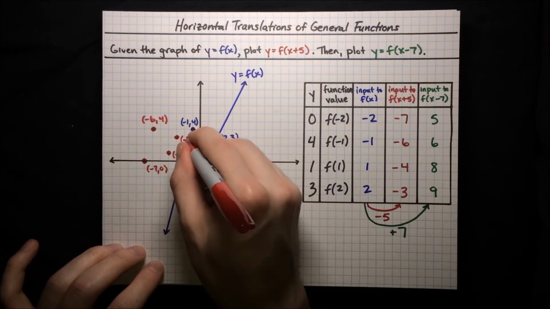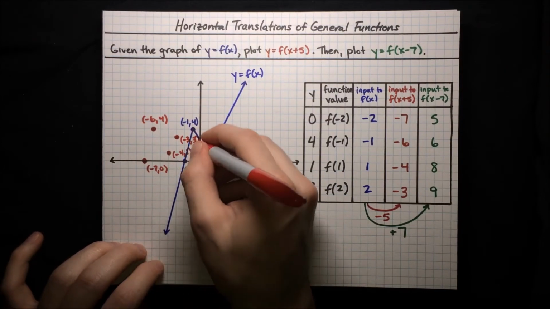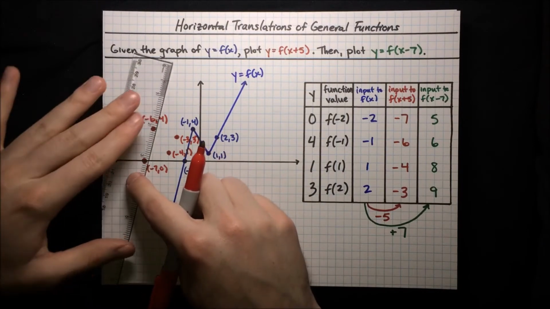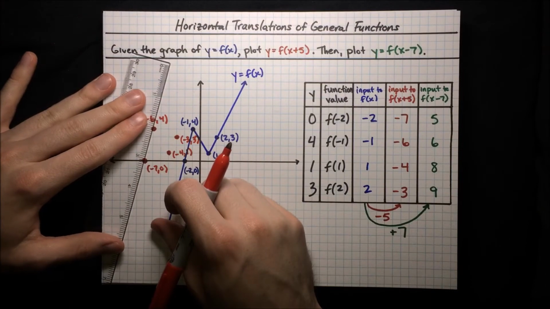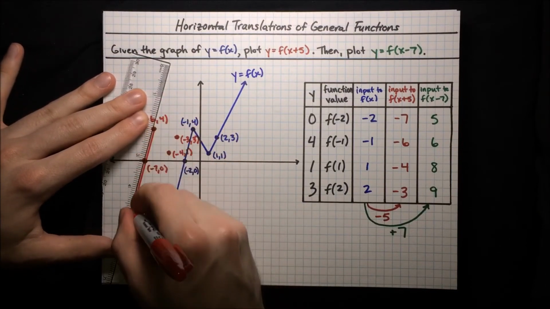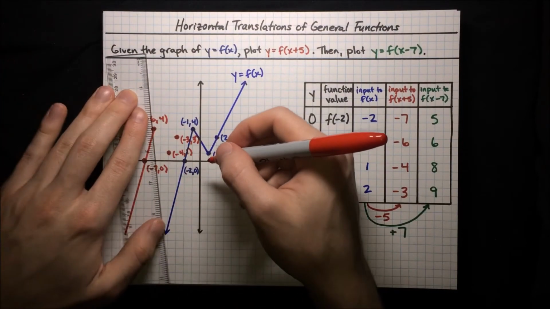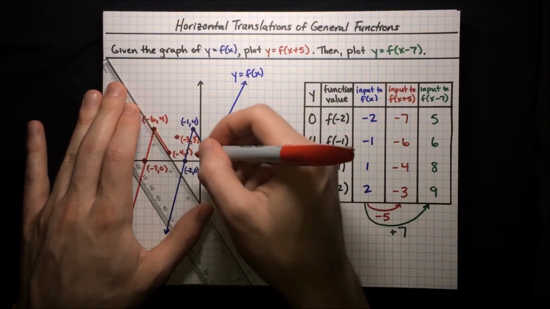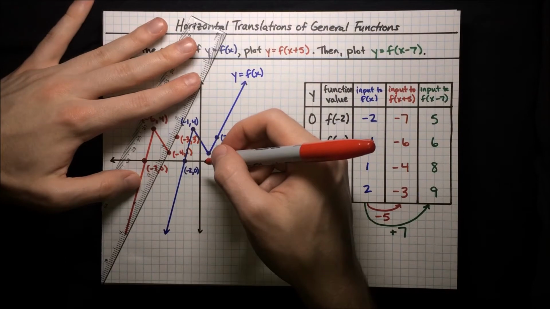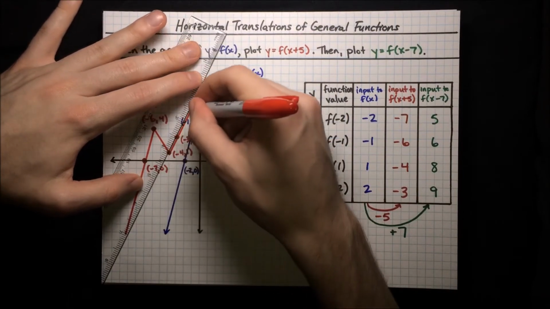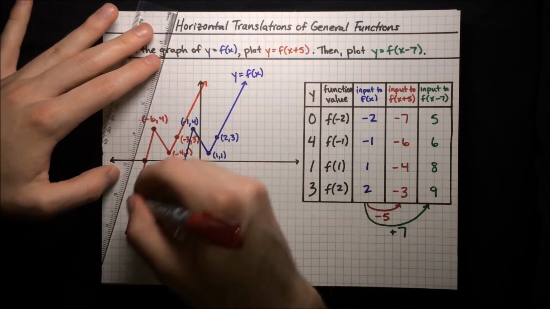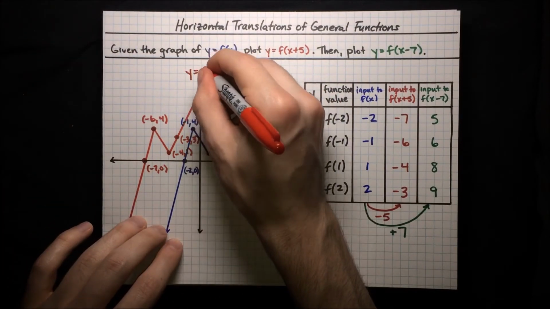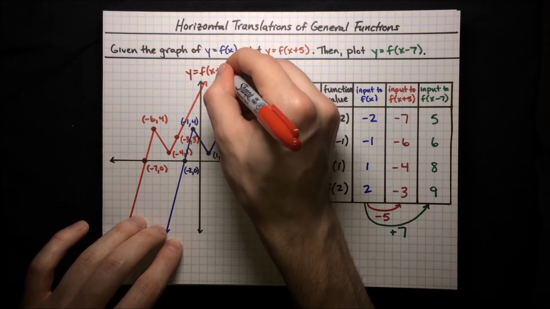That's -3, 3, and then we'll just connect the dots. Connect these two first. Let's draw that ray, goes down this way, and then connect these two, and then connect these two. And there we go. That is our function y equals f of x plus 5.